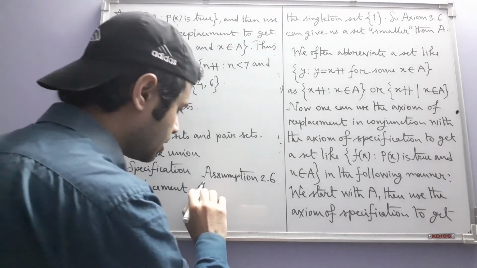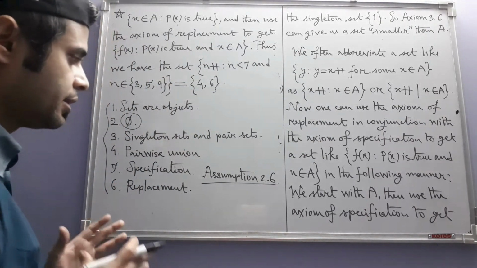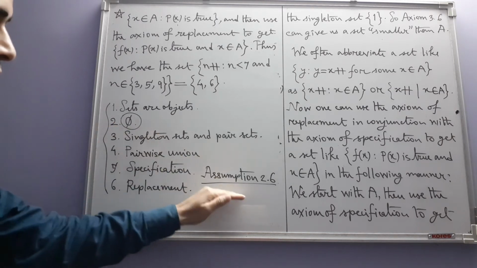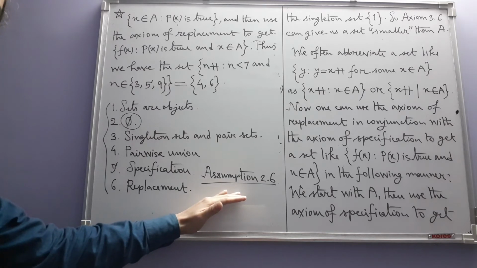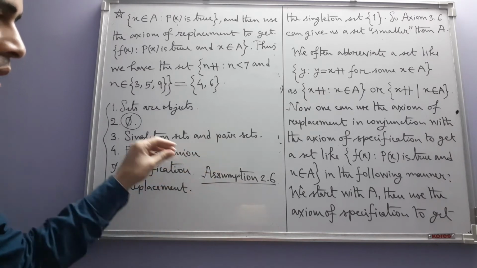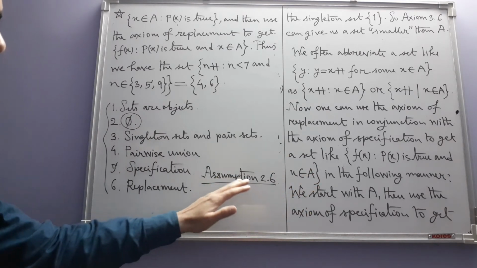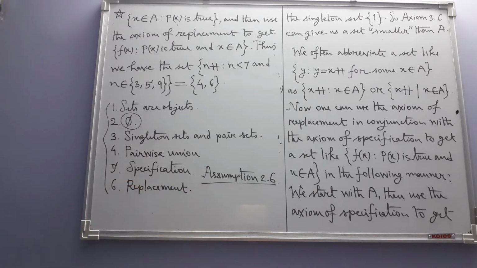If you go back to that video and see this assumption, you will see that it simply says that there is a system of natural numbers which satisfies the Peano axioms. When we made this assumption, we did not have the language of set theory. So there we said that we are simply making an assumption which we will formalize using the language of set theory. Now the time has come that we formalize that, and that is going to be our seventh axiom.